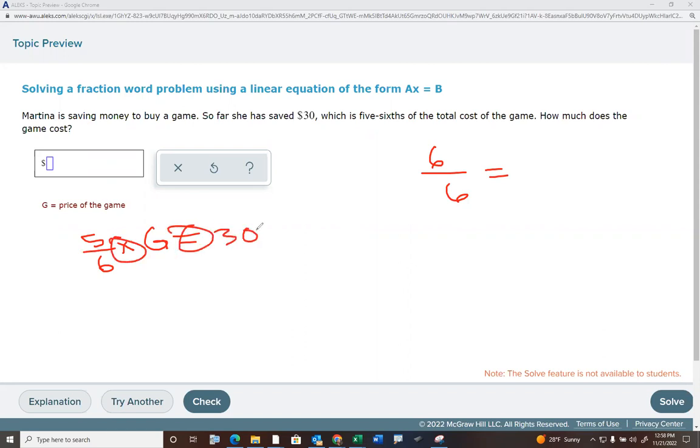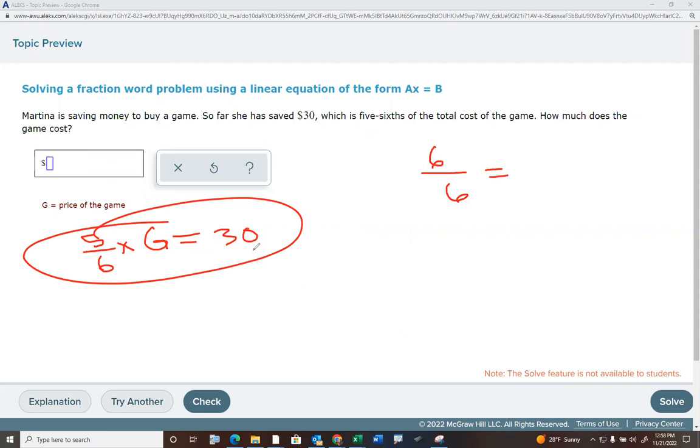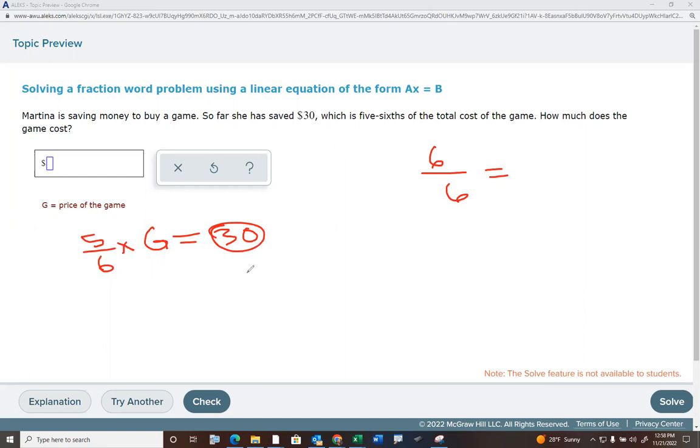This is exactly what you and I already understood beforehand, before we were even thinking about algebra. It was like, yeah, 30 bucks, that's 5/6 of the price of the game. And now we're just practicing writing it as an equation some more. So 5/6 of the price of the game is $30.